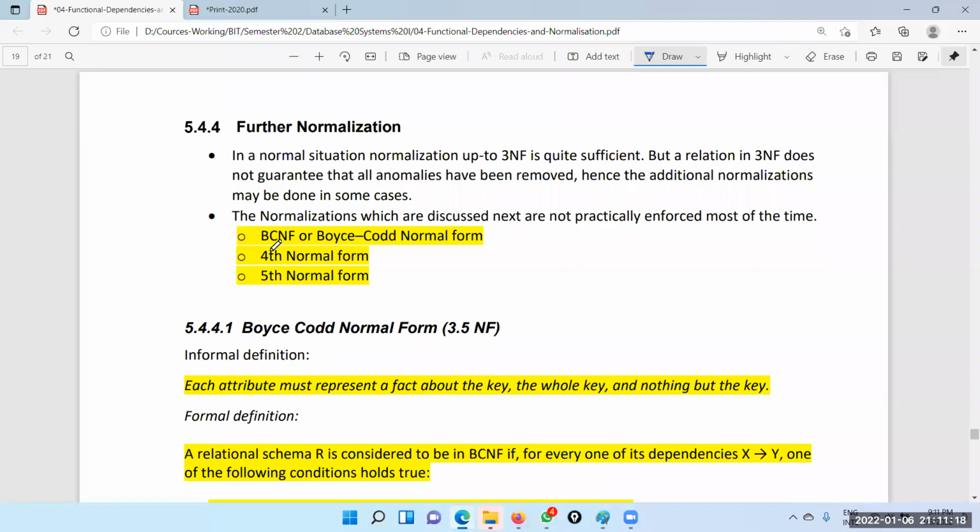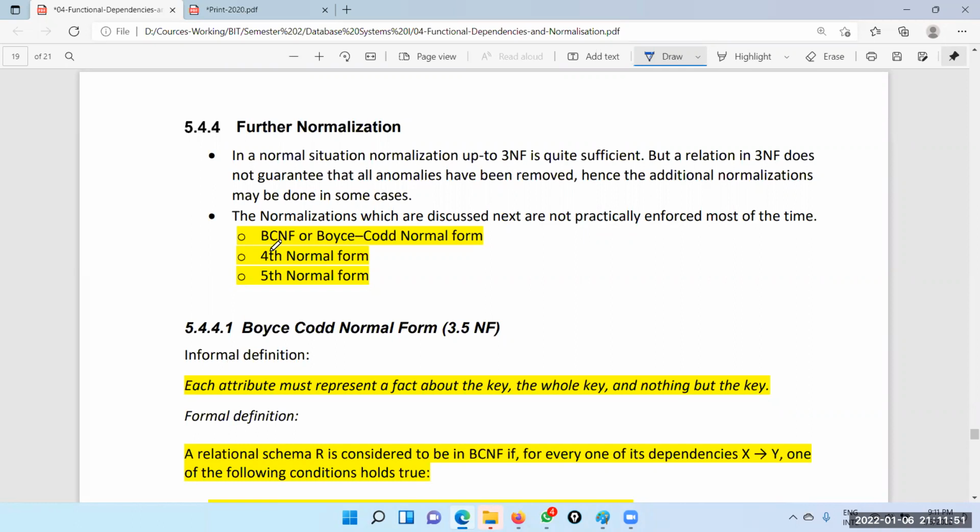So if you want, you can further normalize. Right? So we discussed only up to first normal, second normal, third normal. Then there's something called BCNF, Boyce-Codd normal form. Then you have the fourth normal form and the fifth normal form. You must not think too seriously about the BCNF, and we are not discussing the fourth normal and fifth normal form.